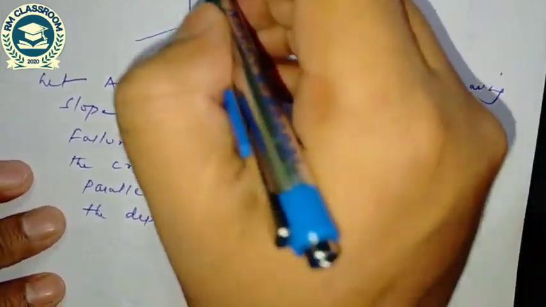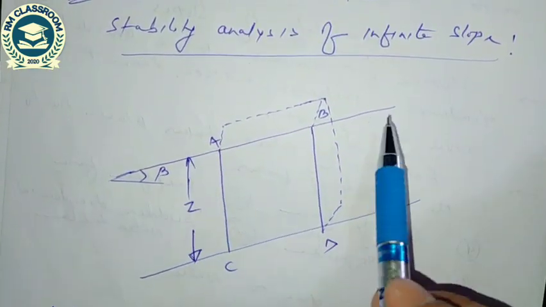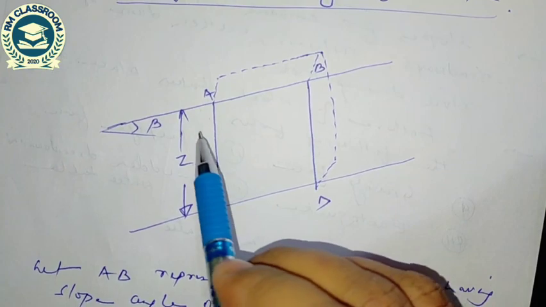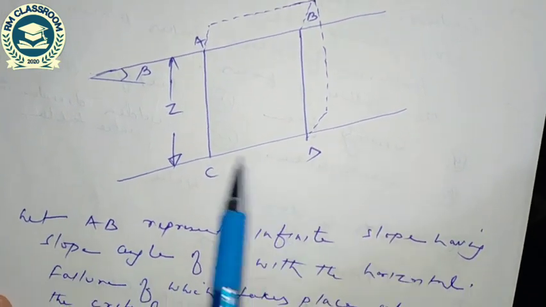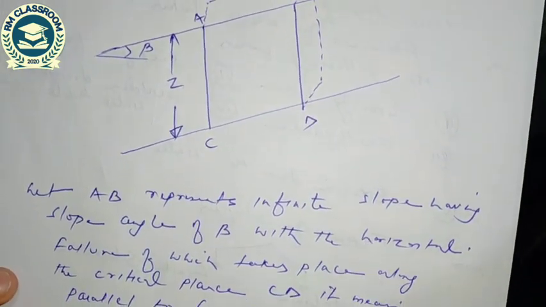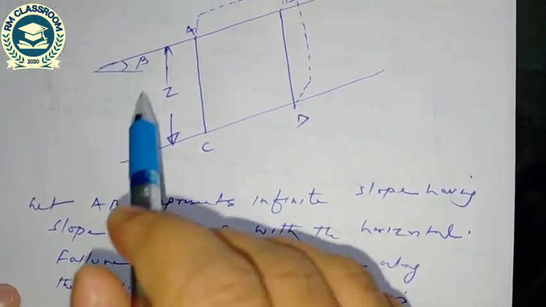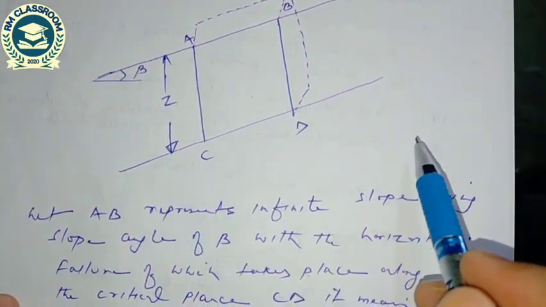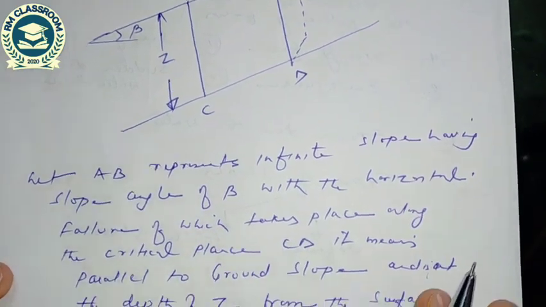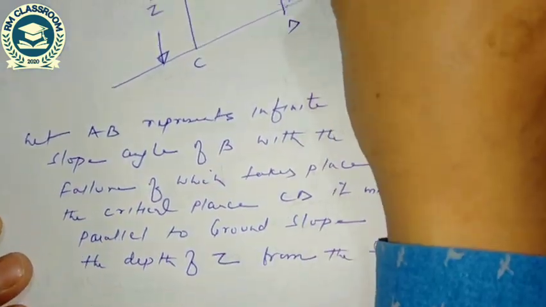So let us assume AB is the infinite slope having slope angle beta with the horizontal, and CD is the failure plane which takes place parallel to this slope at a depth of Z from the ground surface.